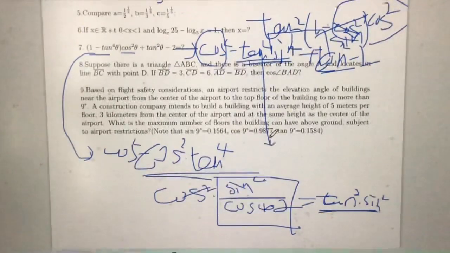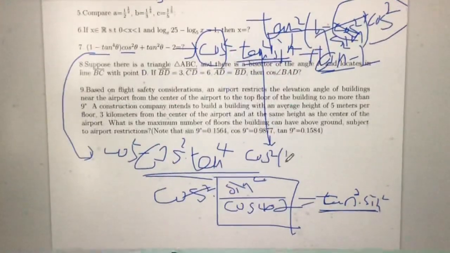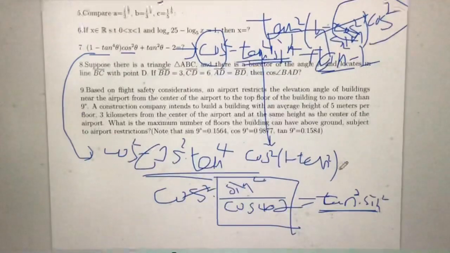Okay, I'll write it here. So we just choose the cosine squared, and this will be 1, and will be minus tangent squared and minus 2. And what is this?